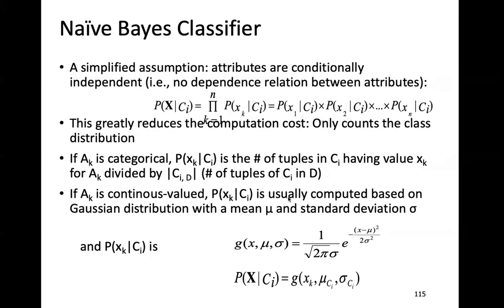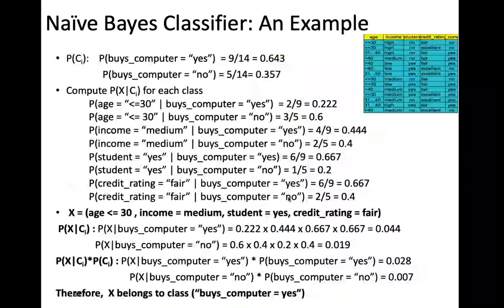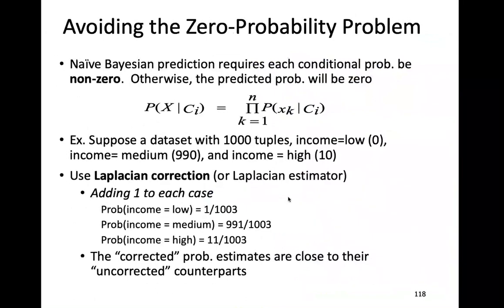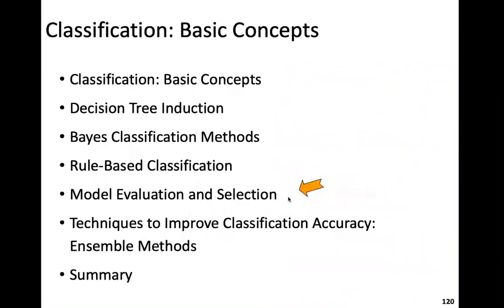So the conditional probabilities simplify and all become products, and that is how the naive Bayes classifier is able to compute the probabilities and come up with answers. Some examples are shown here, and of course zero probability problems are there. I'll skip that. Now we are on to model evaluation and selection.